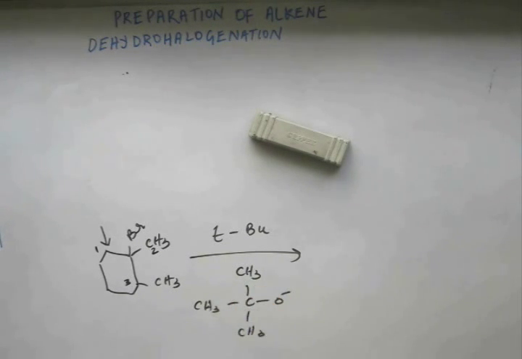This base being bigger in size will abstract the hydrogen from the position where the hindrance would be least. Now in these cases where the size of the base is bigger, the major product doesn't come out from the stability of the product.